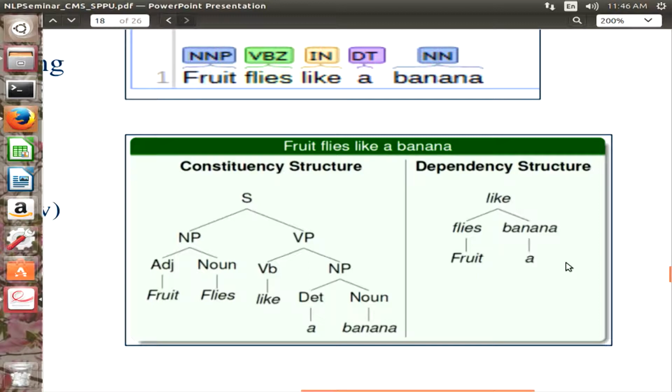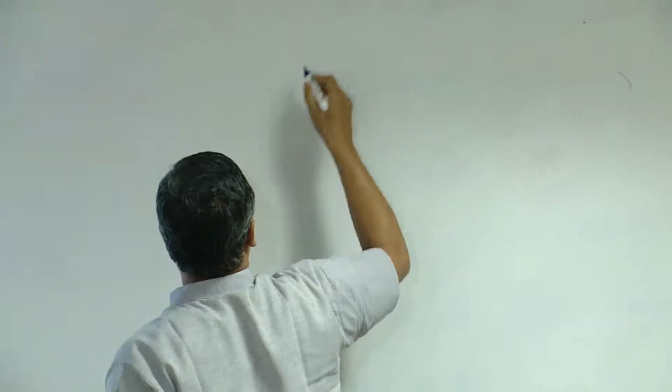I'll just draw it instead of explaining here, which will be lost if I don't put it in writing.